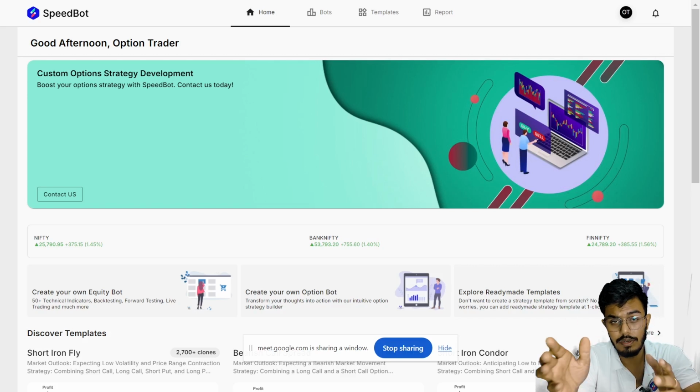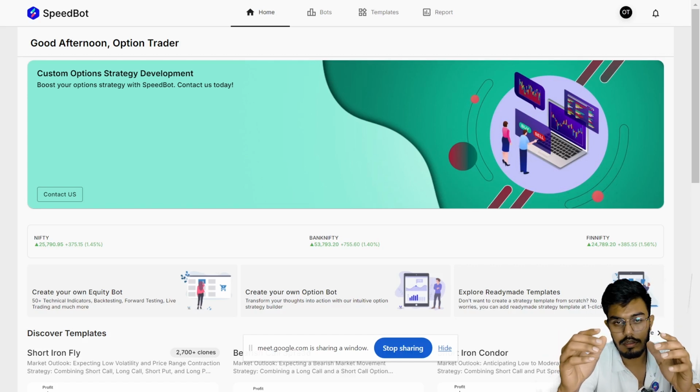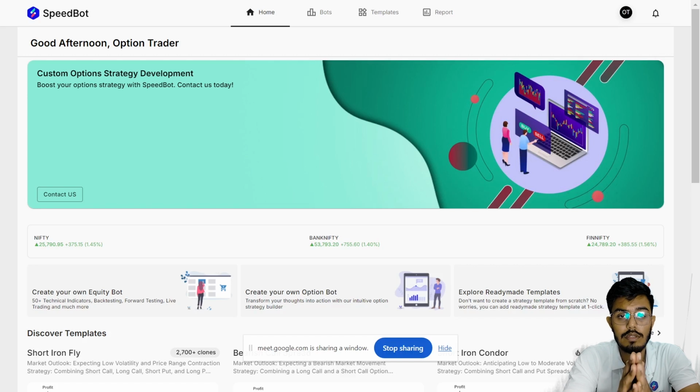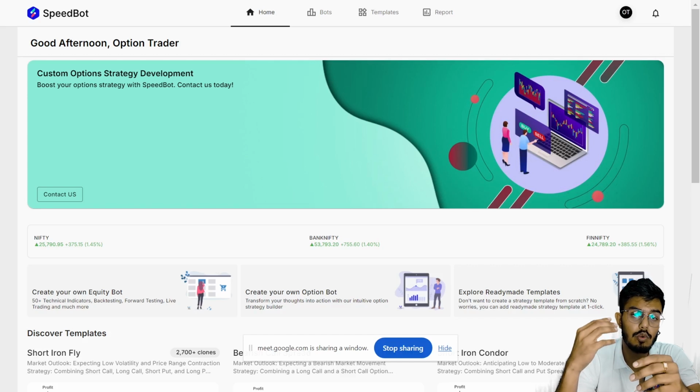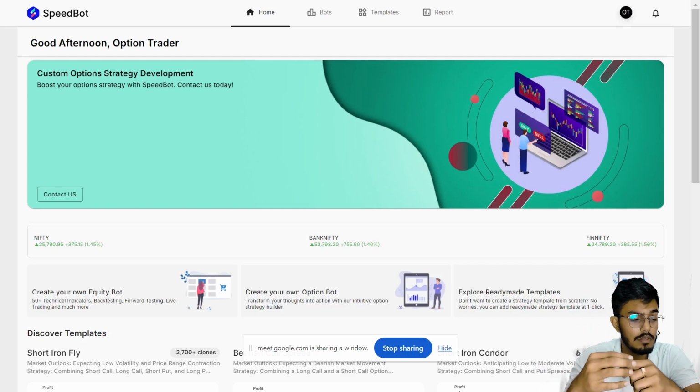Before we start today's session, I would just like to highlight some of the features that we are about to launch. First of all, we got a lot of requests to launch a feature on the basis of lock and trail. This is a feature that lets you lock and trail your profit and loss, and a lot of you had requested it.